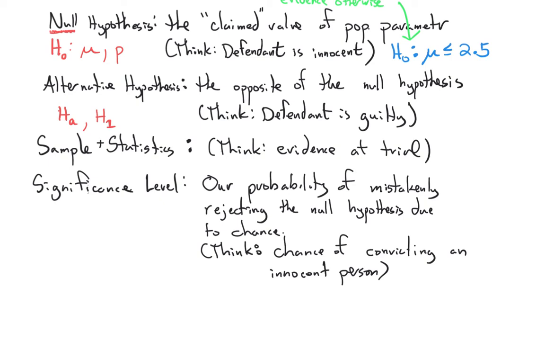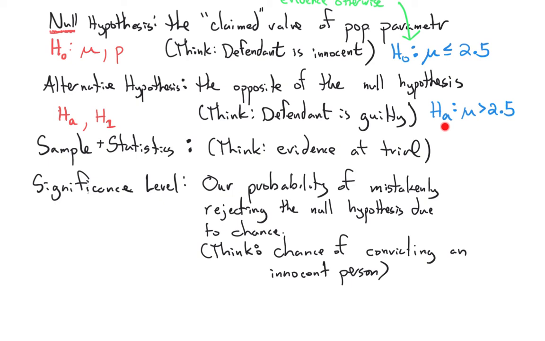We have a less than or equal to here, so our alternative hypothesis is going to be the opposite of that. The only thing that's missing there is a greater than. Oh, sorry, I have that in the wrong place. We're talking about the mean, so it should be the mean wait time is greater than 2.5. So that's our alternative hypothesis.